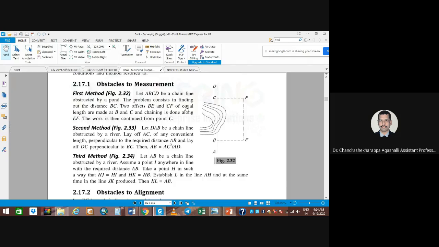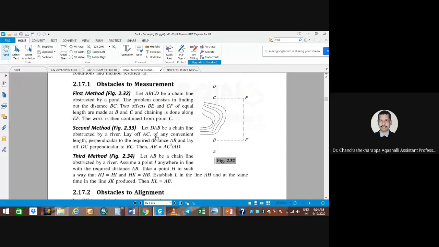Offset BE and CF of equal length, made at B and C. Chaining is done along EF, and the work continues from point C. You take both sides and measure this length, and it should be the same. No need to enter the pond. Just take the deviations with a proper measurement.